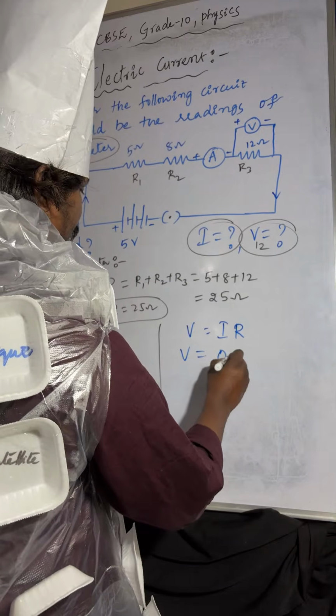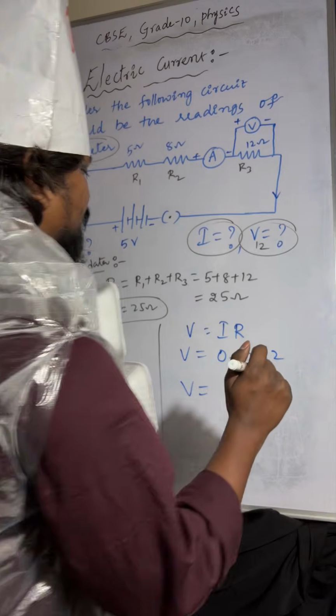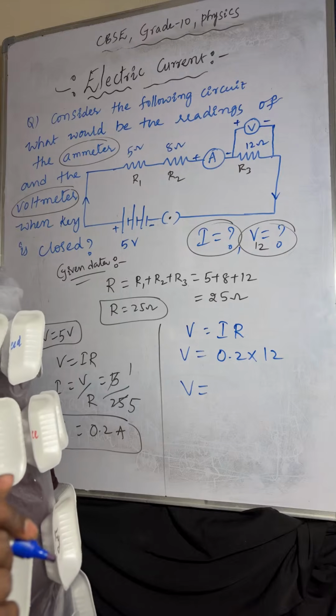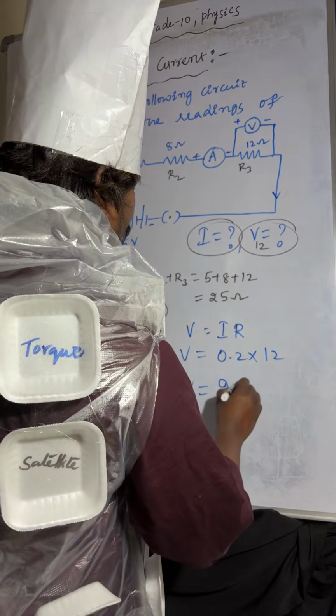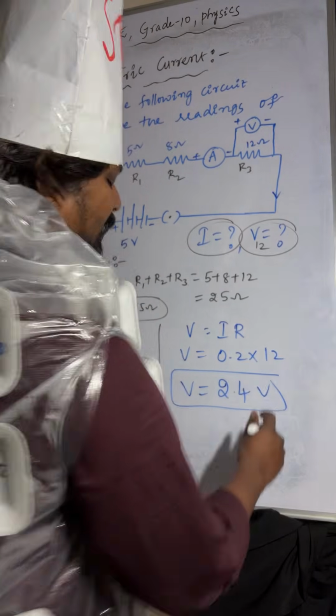Current is 0.2 and resistance is 12. So how much? 2.4. Is it correct? 2.4 volts. Those who got the correct answer, very good.